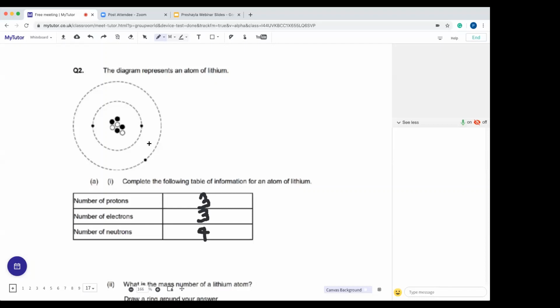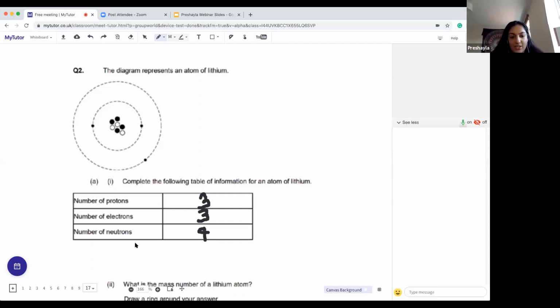Now, what you might be confused about is we know that there are neutrons and protons in the core. So the nucleus is made up of neutrons and protons. But how did I know that it was 4 neutrons and 3 protons? It could have been 3 neutrons and 4 protons. So how did I know?